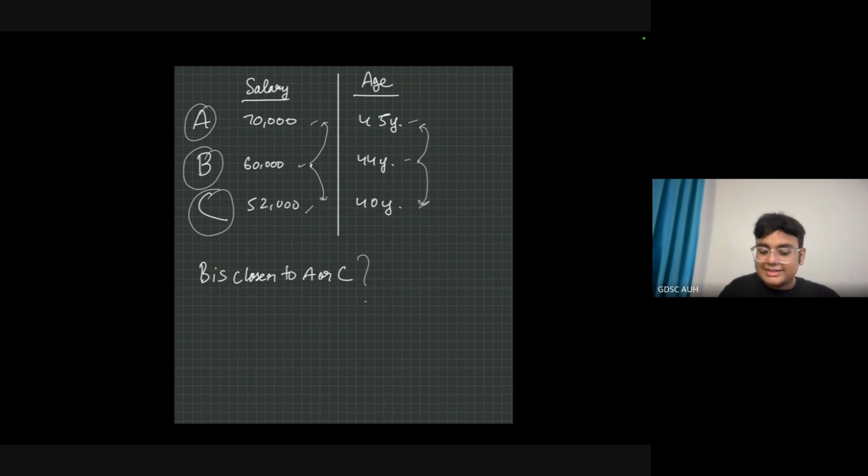This is a salary and this is an age. You cannot compare salary and age because they are two different variables. We want to normalize or standardize it in a way that gives us a way to compare them. For now, the difference is 10,000 here, 8,000 here, but here the difference is only 1 and here it is 4, right?